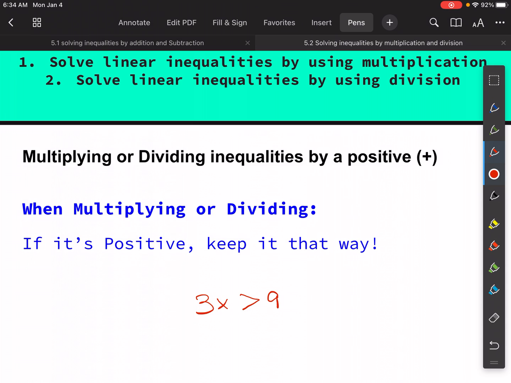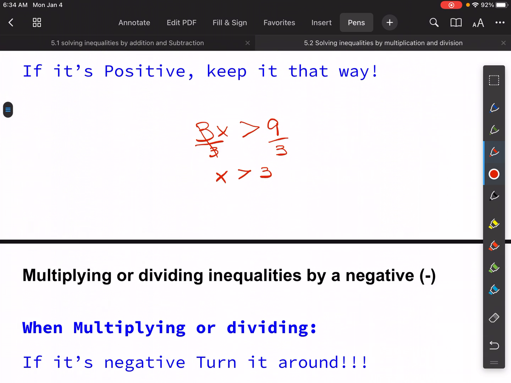To get x by itself here, I have to divide both sides by 3. Since we're dividing by a positive number, the inequality will remain the same. The one thing that students often forget about is when you divide by a negative, you will have to switch the inequality.